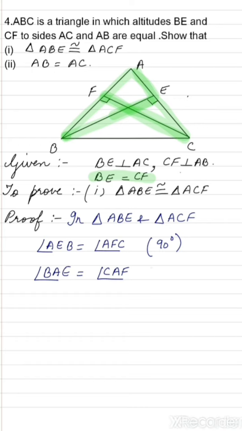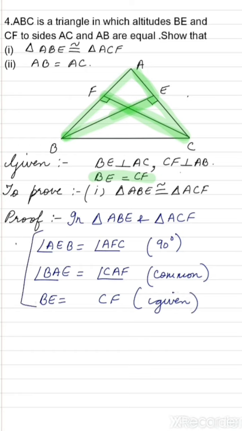Why? Because it is a common angle in both the triangles. Then last thing is, we are given that BE is equal to CF. In the bracket I will write given. Therefore by AAS, the two triangles are congruent.